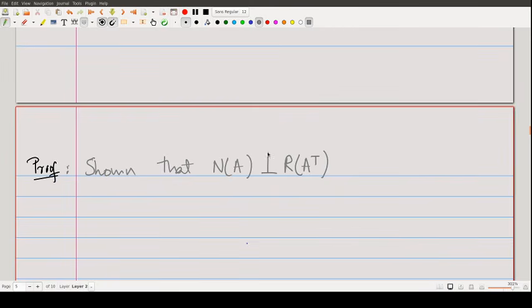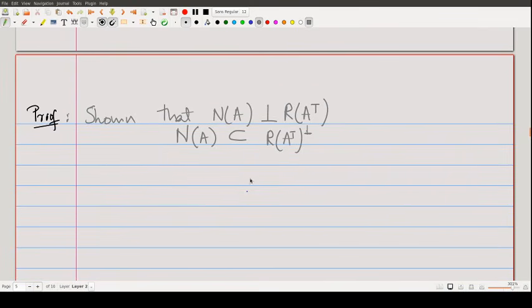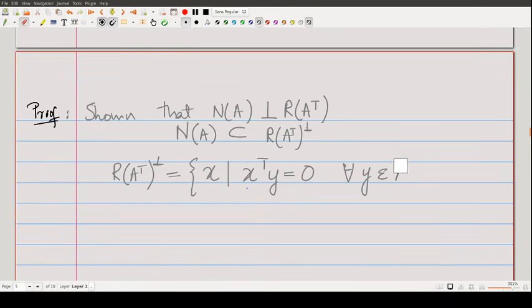So if it's orthogonal, then it's going to be a subspace of the orthogonal complement of the row space, because the orthogonal complement contains all the vectors x such that x transpose y equals 0 for all y in R(A transpose).